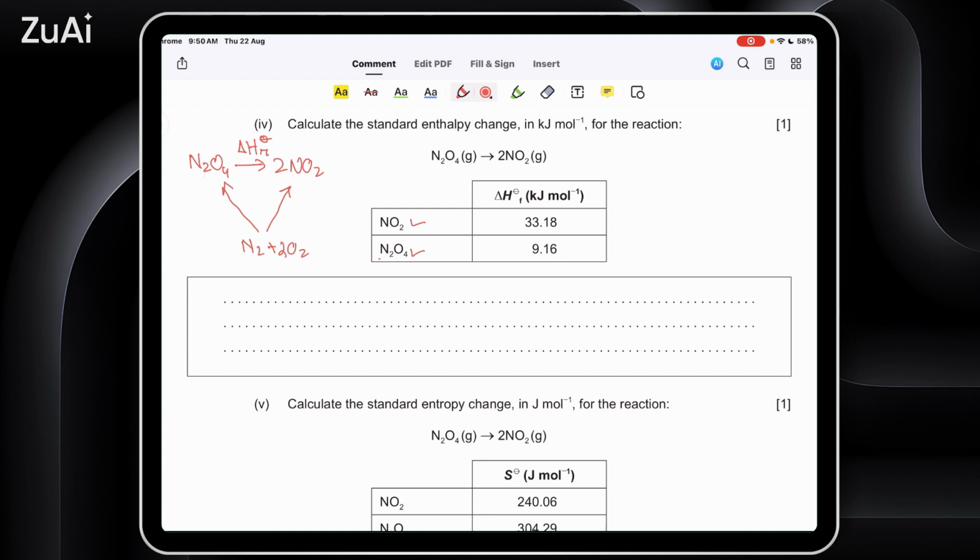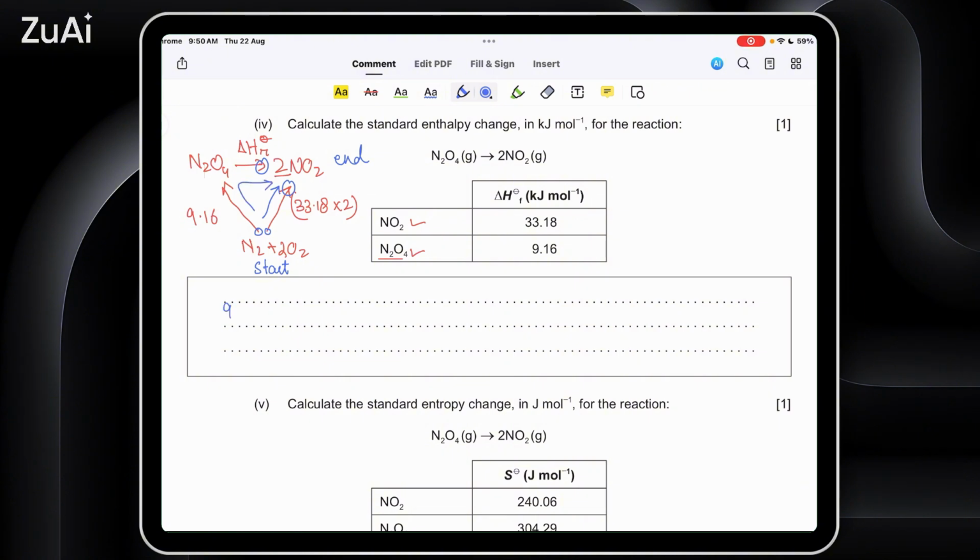So now we have been provided with the formation of N2O4, which is 9.16. We have been provided with NO2 formation, which is 33.18. Since there are 2 moles, we have to multiply with 2. Now we have this expression. From where the 2 tails start, we have to write start there. From where the 2 heads end, we have to write end there. So that's the direct route. That is the indirect route.